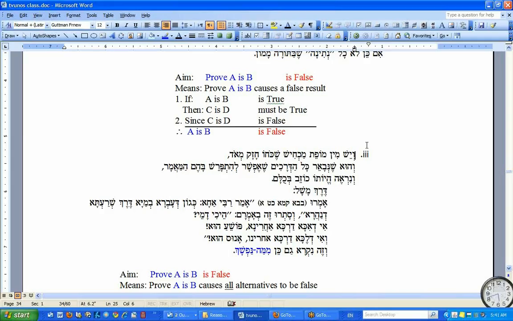Okay? So to summarize, there's a lot of words here, but it really breaks down to two things. If you want to prove a statement is false, you have to show that the opposite of the statement is the result of two true premises, or that the statement has to be false because it'll result in something that's false.